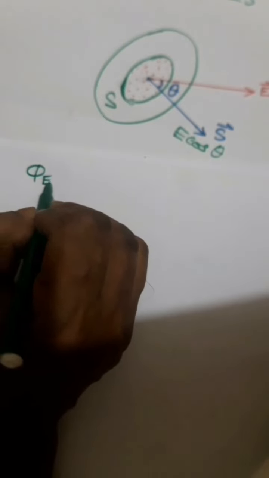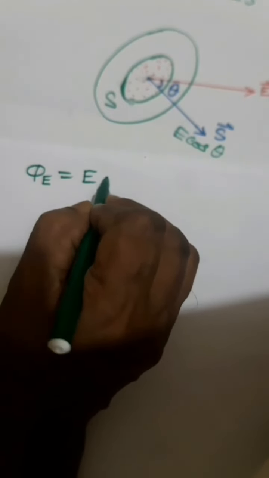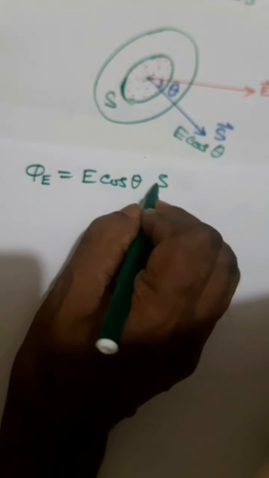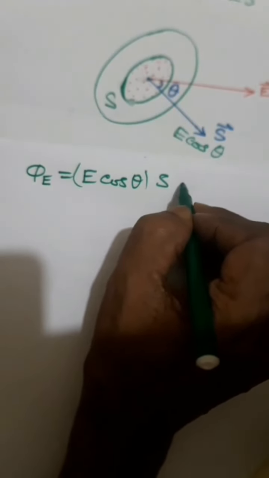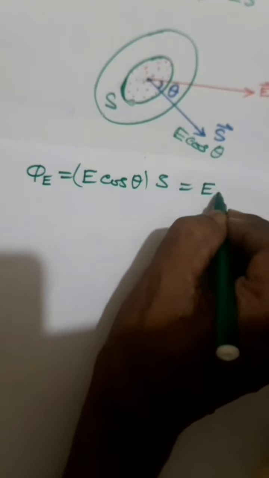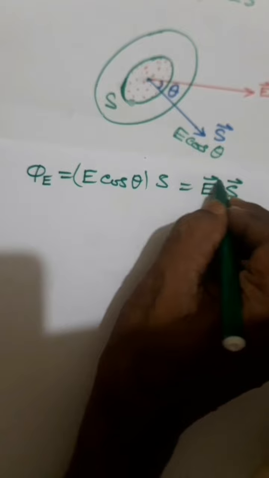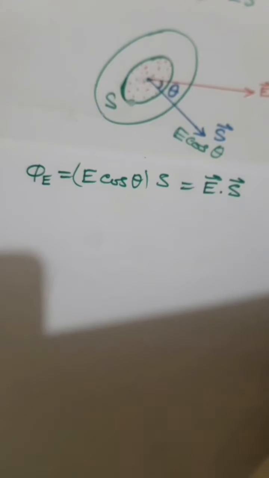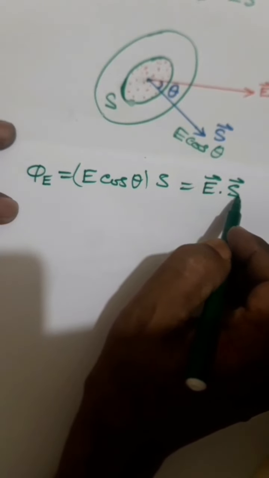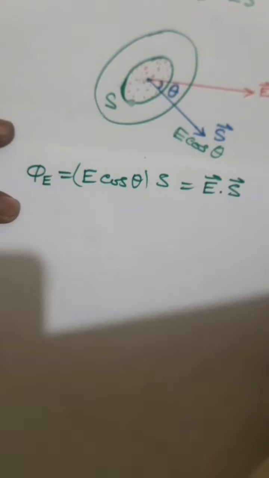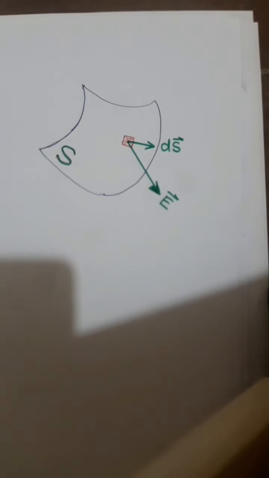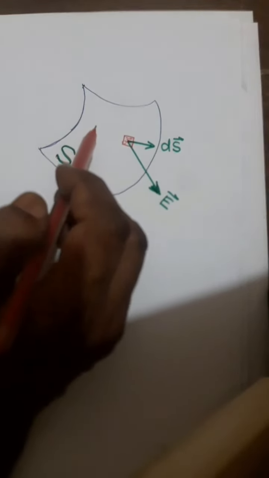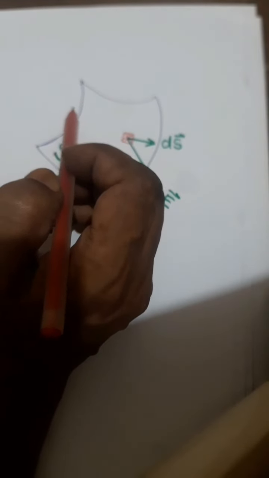Then the electric flux of the surface is phi E equal to E cos theta into S, that is ES cos theta, E dot S. S is a vector. Its direction is along the normal to the surface. This calculation of electric flux phi E is applicable for a plane surface in a uniform electric field.